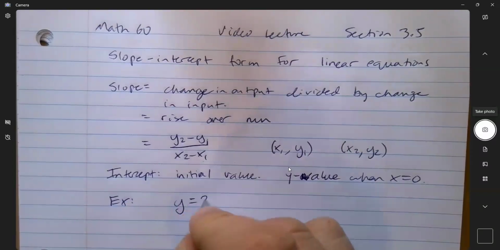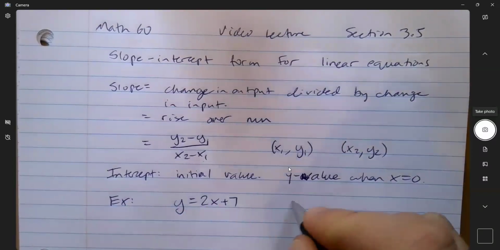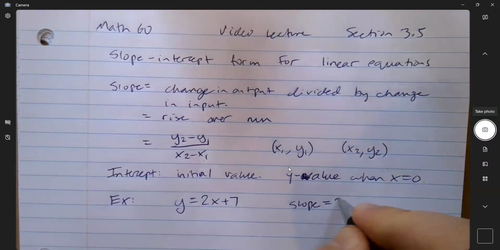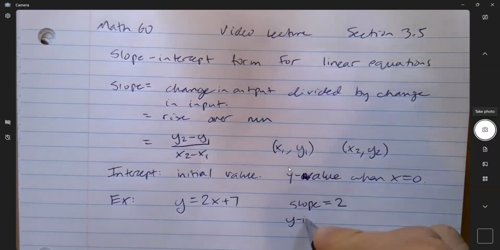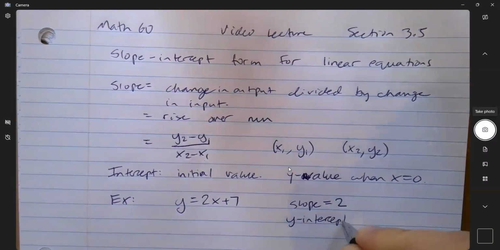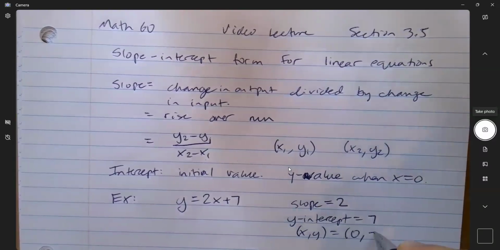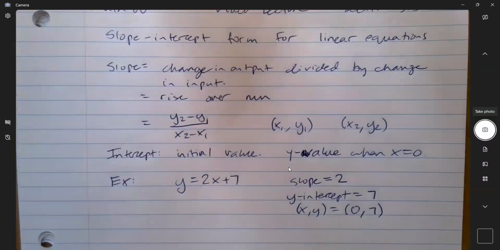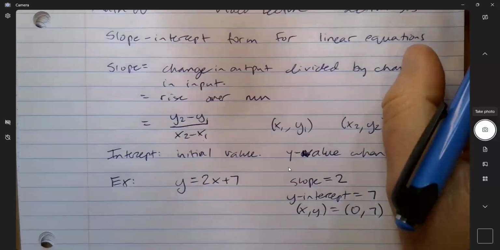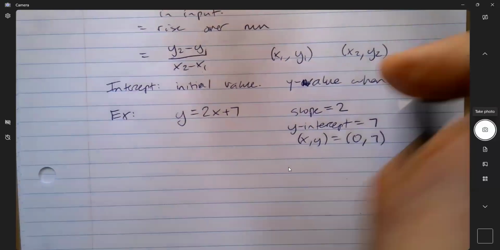If I have y equals 2x plus 7, the slope is 2, and the y-intercept is 7, which means when x equals 0, y equals 7.